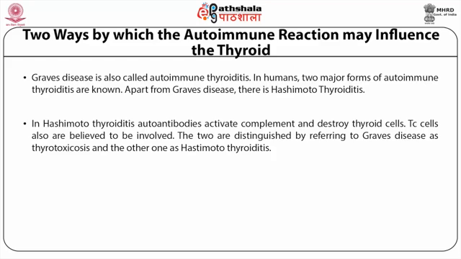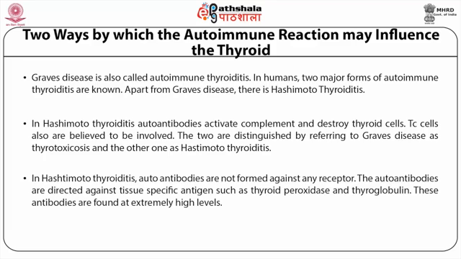The two are distinguished by referring to Graves' disease as thyrotoxicosis and the other one as Hashimoto thyroiditis. In Hashimoto form, autoantibodies are not formed against any receptor. The autoantibodies are directed against tissue-specific antigens such as thyroid peroxidase and thyroglobulin.